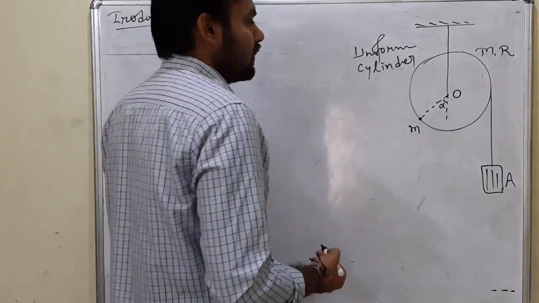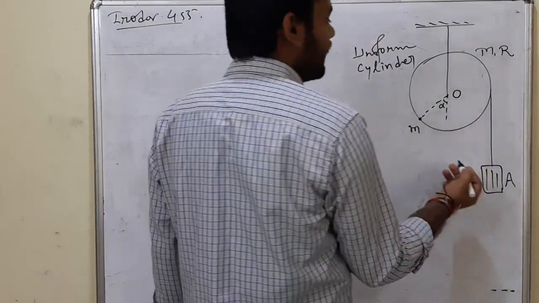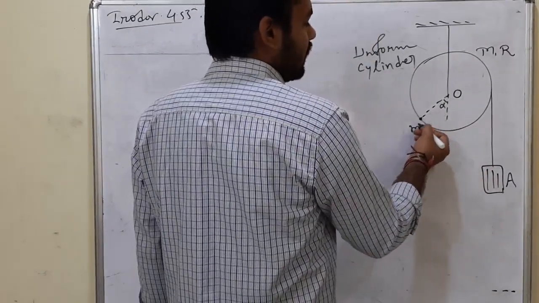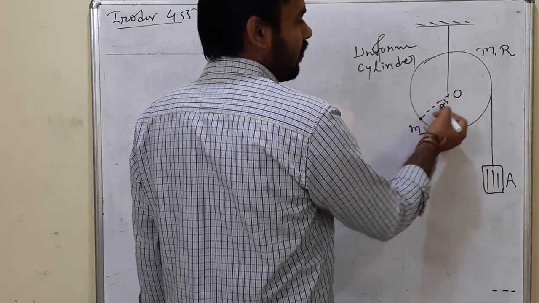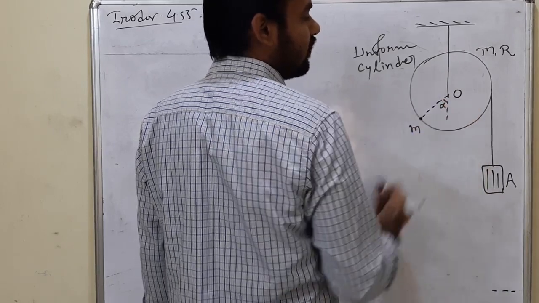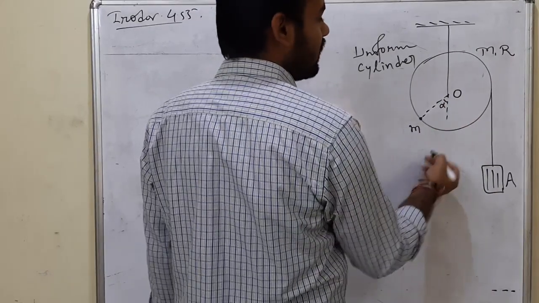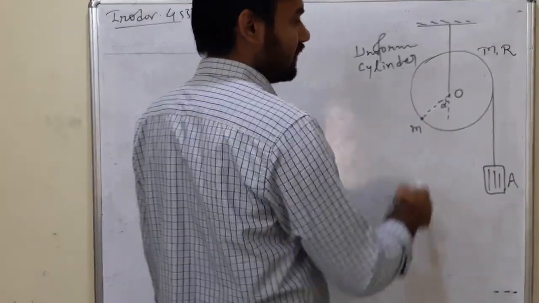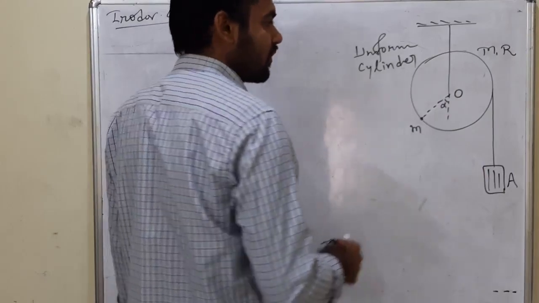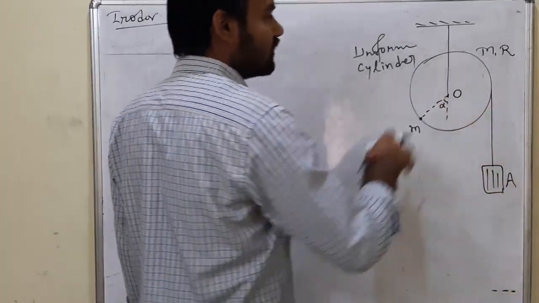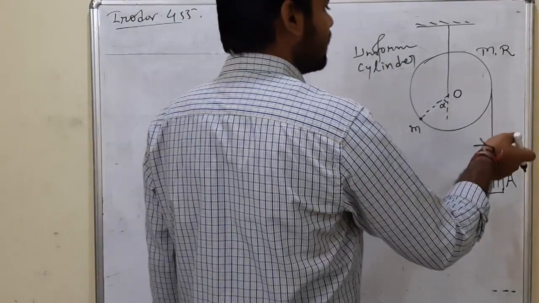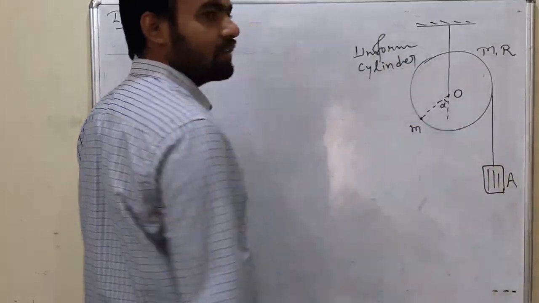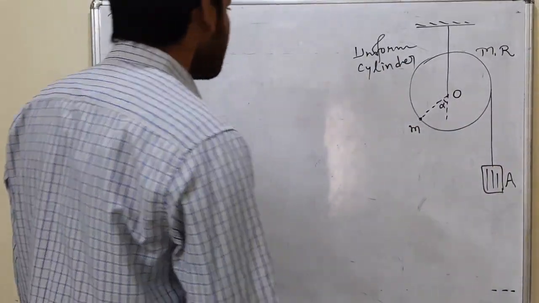It is given that in equilibrium, the radial direction of this point mass m from the center makes an angle of alpha from the downward vertical. You can see this is angle alpha. So this is the equilibrium situation given in the question. Now we have to find the angular frequency of oscillation of this system.